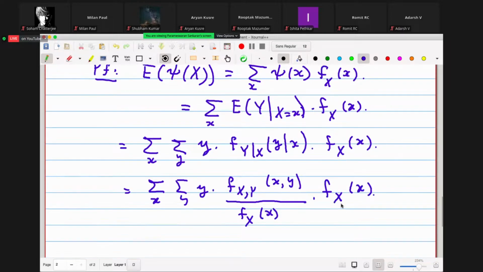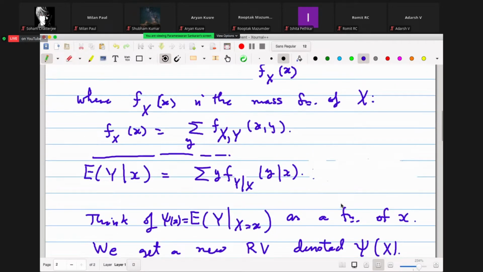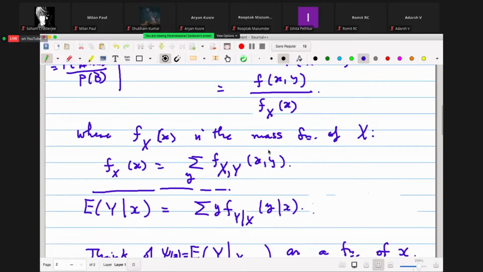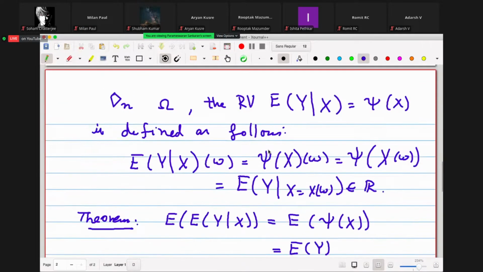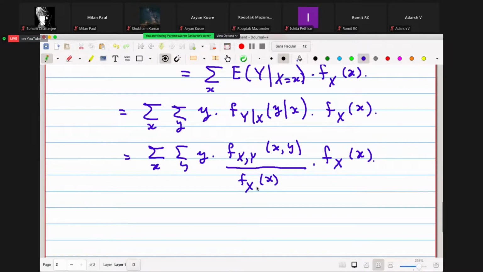Let me scroll up and show you what we had, except that I have written x comma y here, indicated more properly. That's what I had substituted. And now these two cancel.